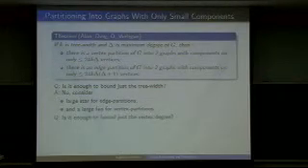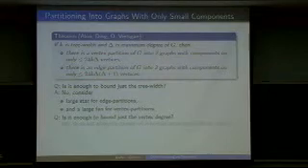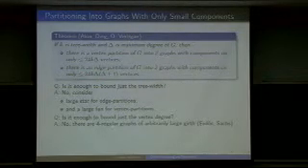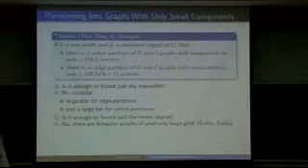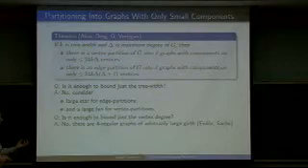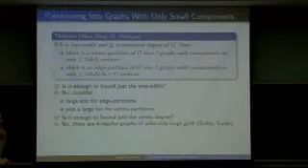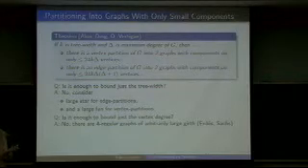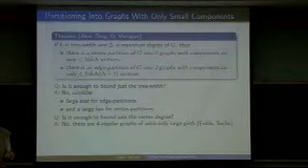Can you bound just the vertex degree? And the answer is no. 4-regular graphs can have arbitrarily large tree width. That's according to Erdős and Sachs. And if you have a 4-regular graph of arbitrarily large girth, let's see what that means. Well, if you try to subdivide it into 2 parts only, one part would have to have a cycle.